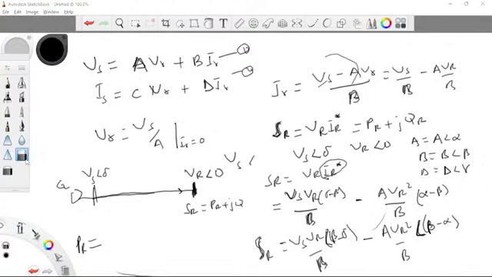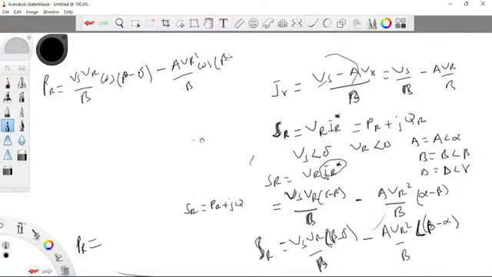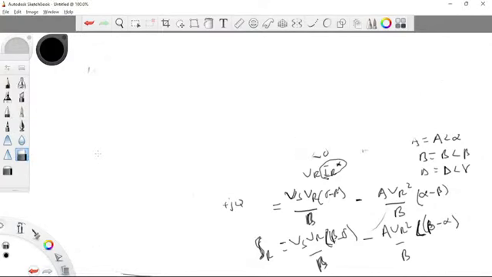So real power PR will be VS VR over B cos of beta minus delta, minus A VR squared over B cos of beta minus alpha. If you want the Q component too, we just use sine. That's all you need for power flow in transmission line design. You can use this understanding to solve all the questions.